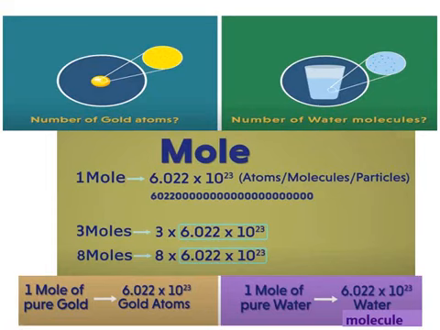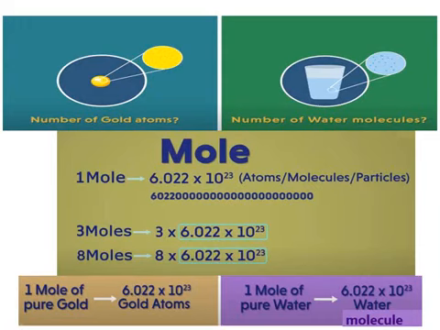So 1 mole of any substance will be equal to 6.022 into 10 to the power 23. So this number 6.022 into 10 to the power 23 is a huge number which is expressed with that many zeros here. So this number is a constant number which is known as Avogadro's number.